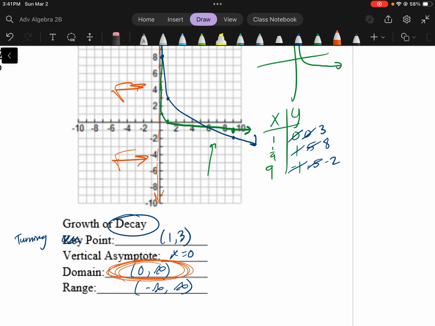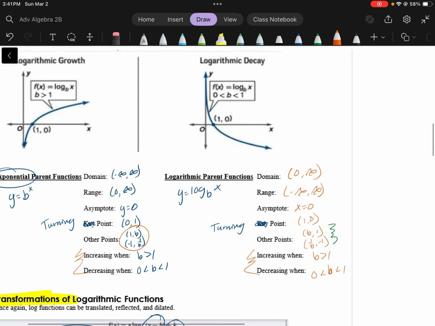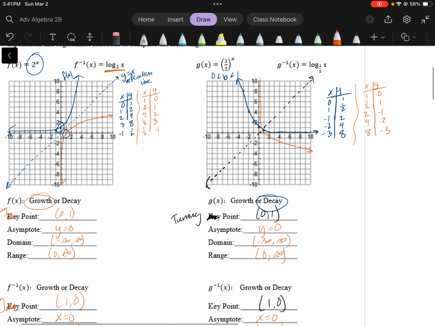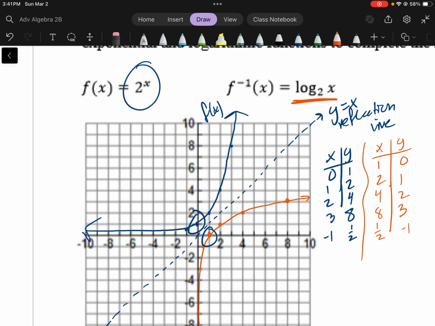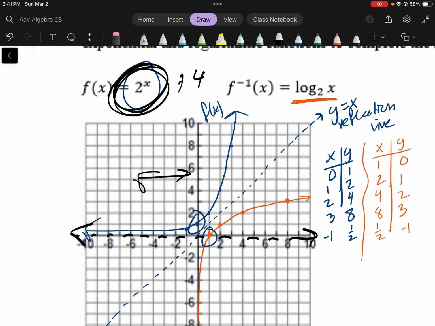Okay, if we go back to an exponential function up here, and I think about this equation in blue, there is a horizontal asymptote at y equals 0 that it's not going to cross. But if I push this left and right, it's not going to affect the horizontal asymptote. So when the transformation for an exponential is plus 4, then I'd have to push the entire horizontal asymptote up 4.